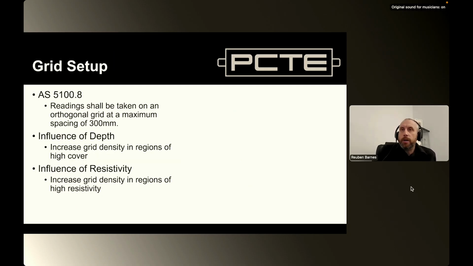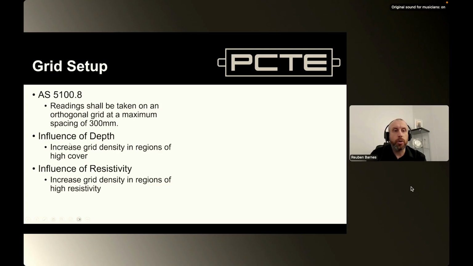The first tool that we have in our toolbox is that when we're doing a half cell potential survey, we're going to grid up our structure, and we're going to take our measurements over the grid, and then we're going to create a surface map using that. If we go by AS 5100, I believe that's some sort of bridge repair standard, I might be wrong, then we should have our readings with a maximum of 300 millimeters.